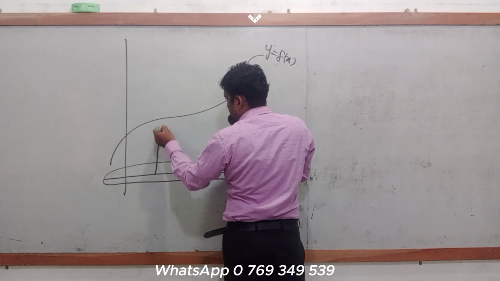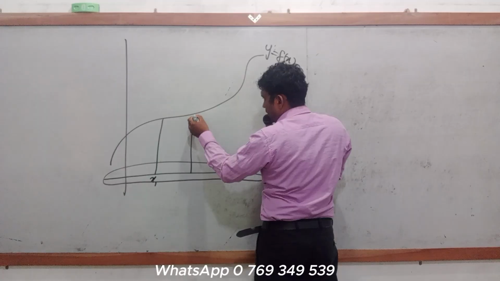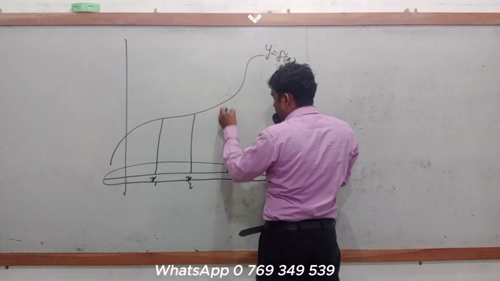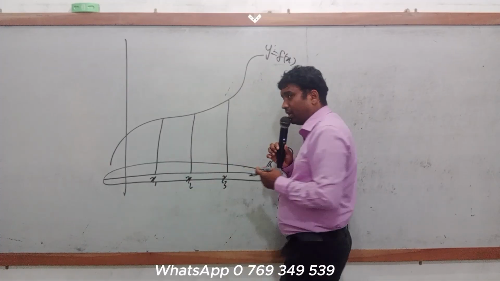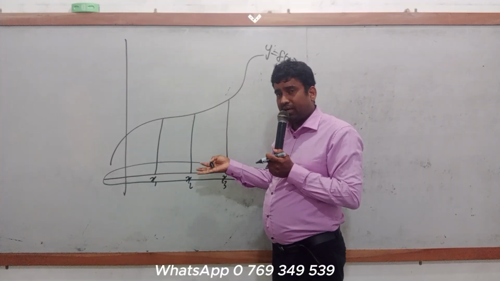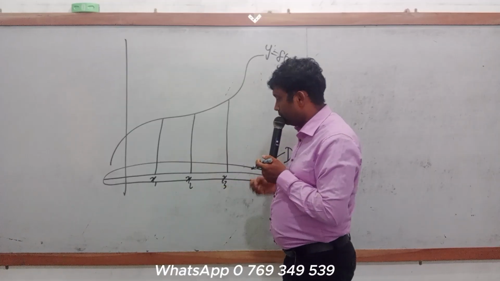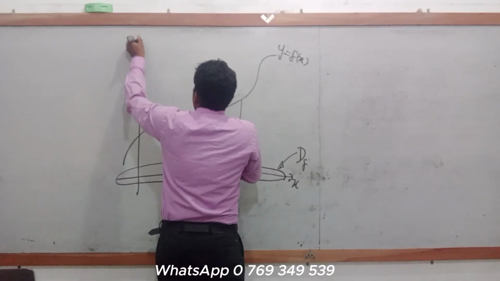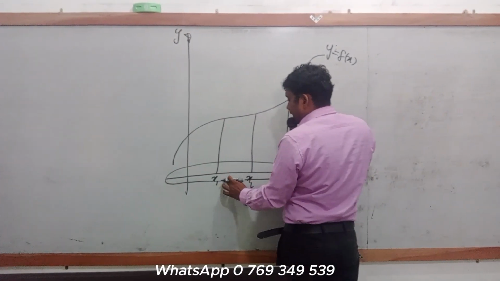We can take x1 from here, x2 from here, x3 from here. I'm taking only three numbers. You can take any number of them, but I'm taking three because otherwise it is crowded.